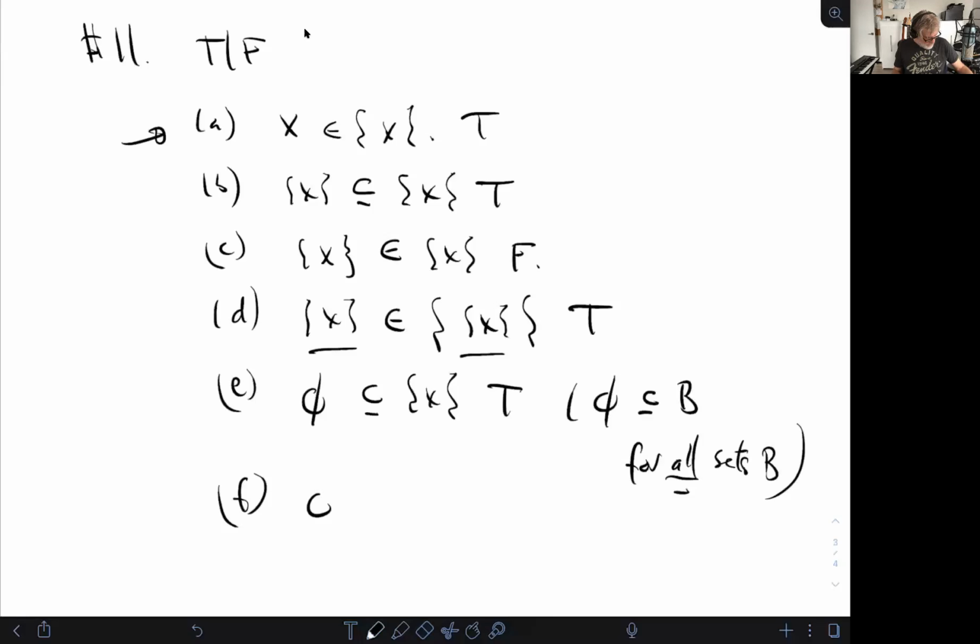And the last one: is the empty set an element of this? That is not true, right? That set contains one element, which is x, not the empty set. So this is false. However, if I wrote this, then this would be true. It can be confusing if you don't pay attention to the basics.